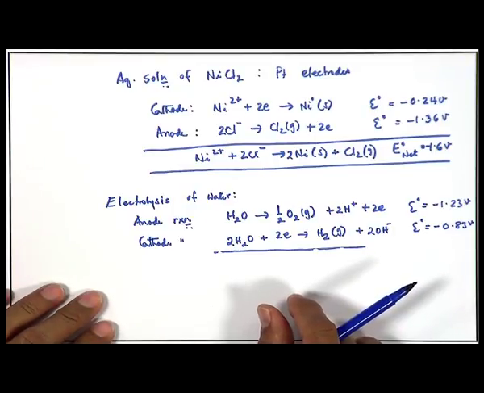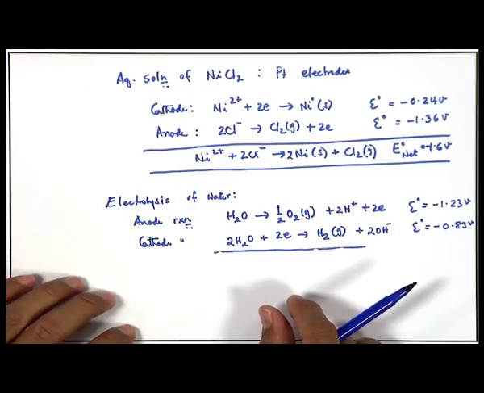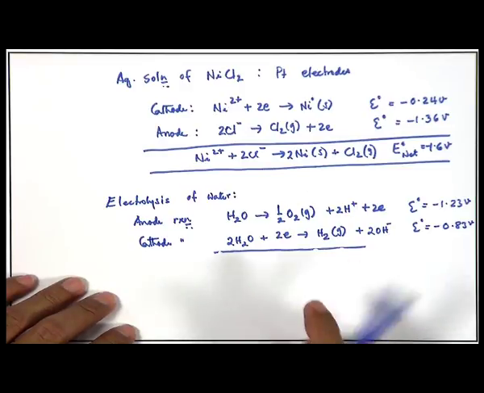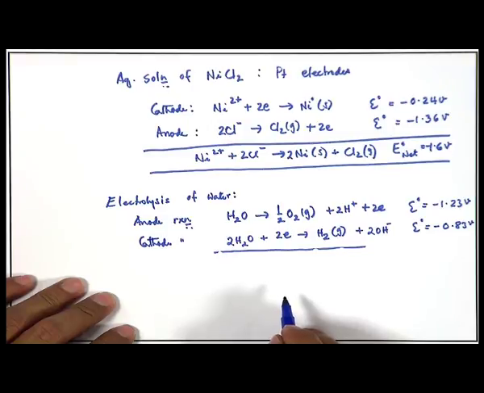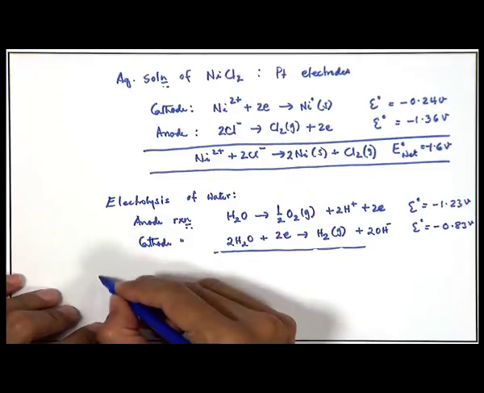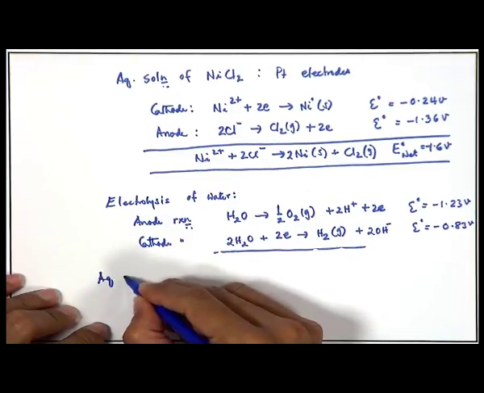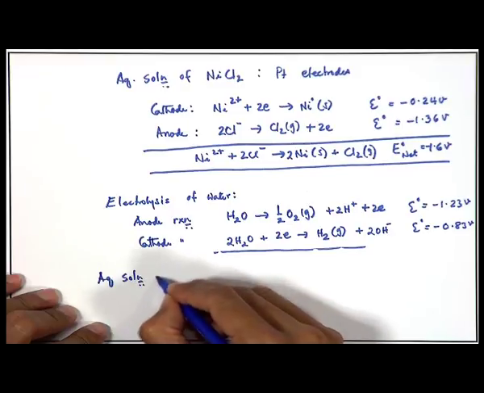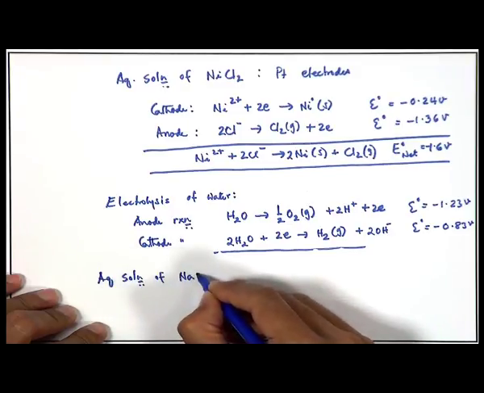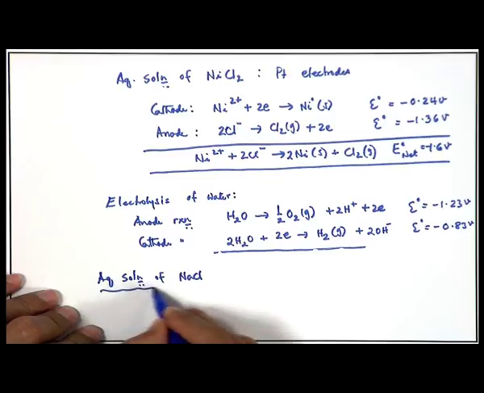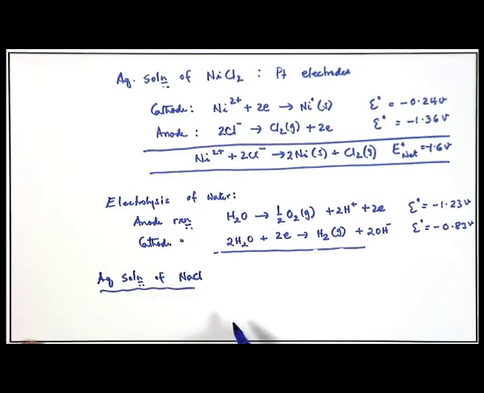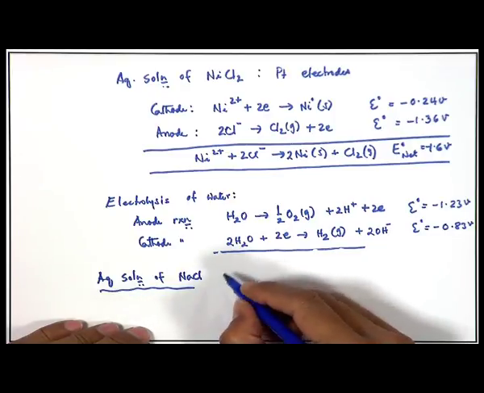Okay. Now, say for example, suppose you have aqueous sodium chloride, an aqueous solution of NaCl. What is going to happen? Cathode reaction, cathode means reduction.